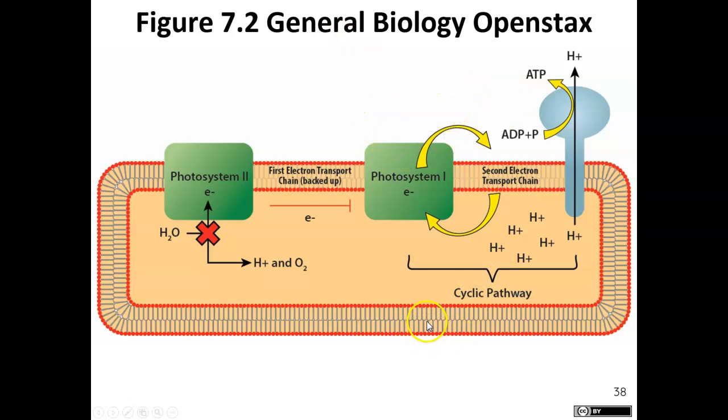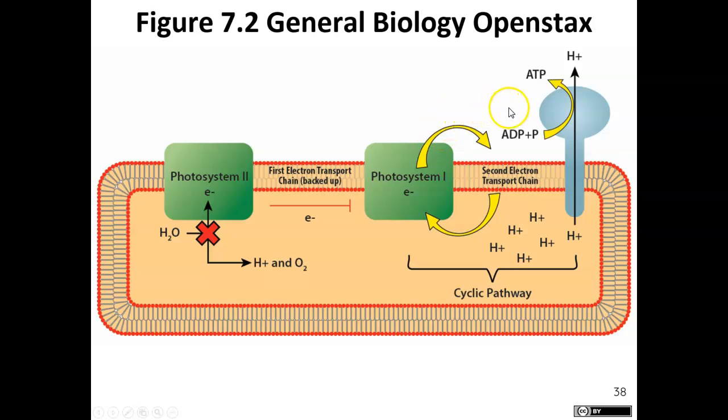the light-independent reactions. In the cyclic pathway, all we're producing is energy. So here we have photosystem 1, and the electron, so there's no movement. The electrons that we have are not being replaced, they're replacing themselves. So in photosystem 1, the electron gets excited as sunlight energy comes in.